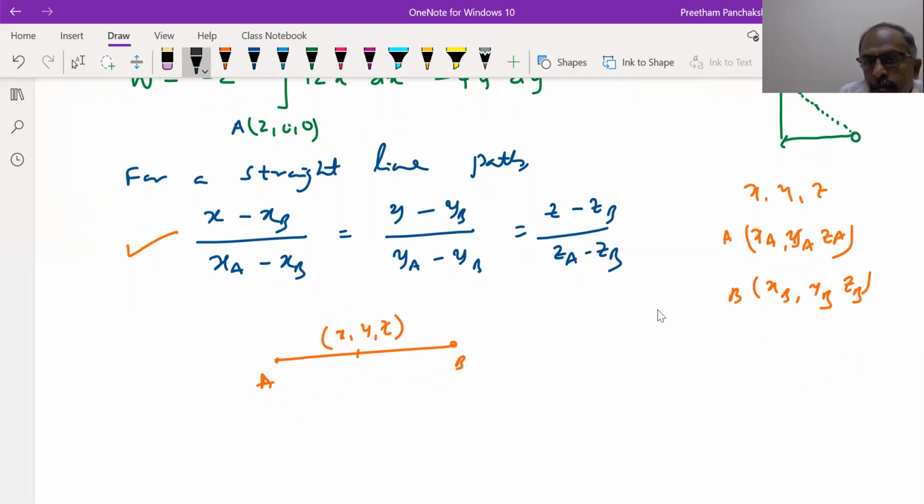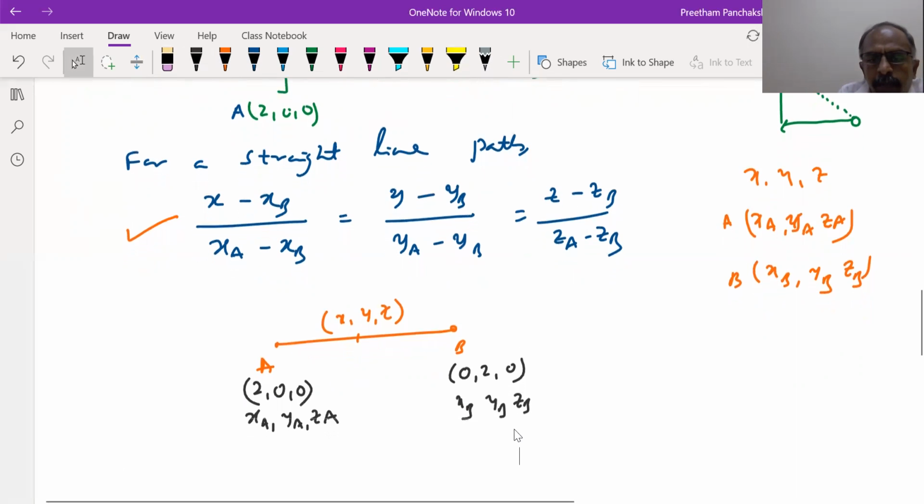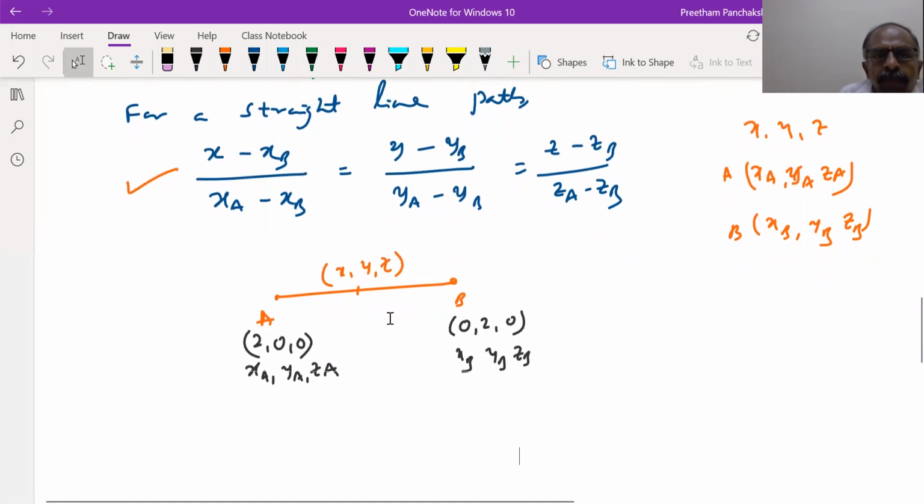So according to our assumption, A is 2, 0, 0. B is 0, 2, 0. Then the first one will be XA, YA, ZA, and this will be XB, YB, and ZB. So you can use these coordinate values to obtain the relation for the straight line path. Then X, Y, Z are any arbitrary coordinates.